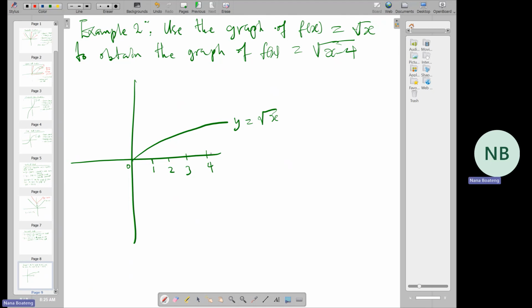So it will be a graph that looks like this. So this will be a graph of y is equal to the square root of x minus 4, a horizontal shift of 4 units to the right.